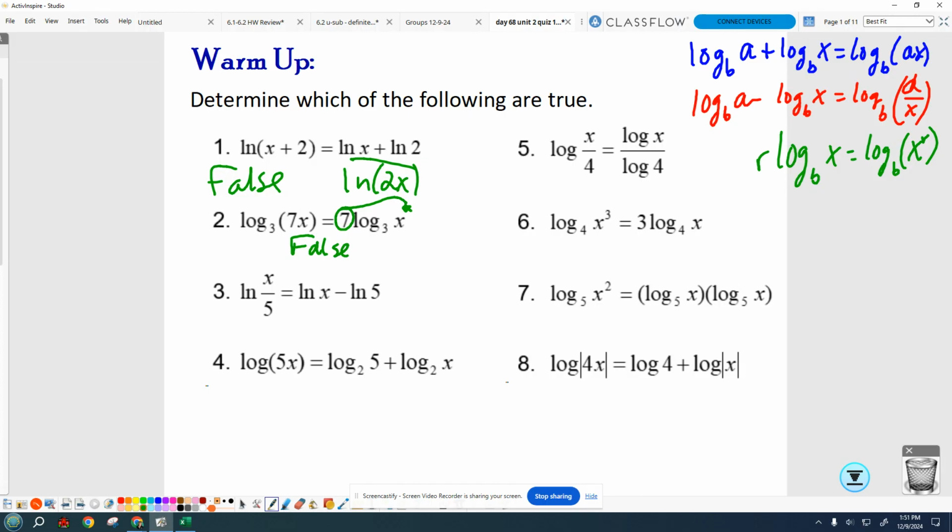All right, so on all the boards that I can see, people are saying true. Division within becomes subtraction outside. Yes. All right. Number 4.